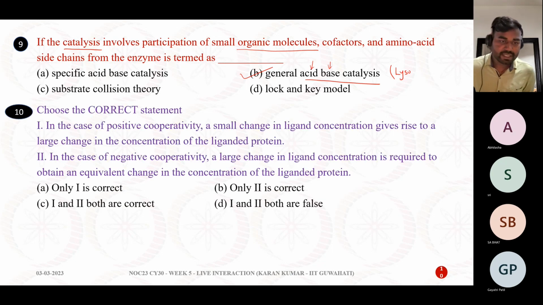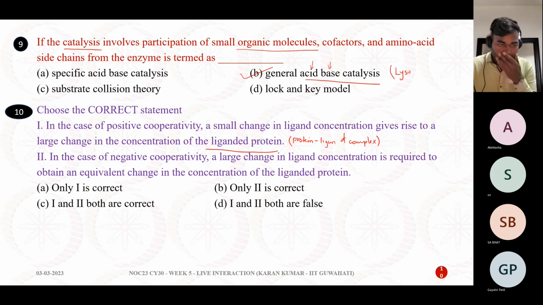Next question is choose the correct option. In the case of positive cooperativity, a small change in ligand concentration gives rise to a large change in the concentration of liganded protein. Liganded protein means ligand bound protein, protein ligand complex or enzyme substrate complex.